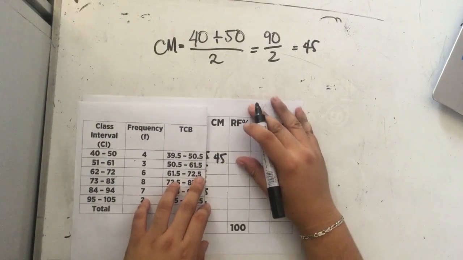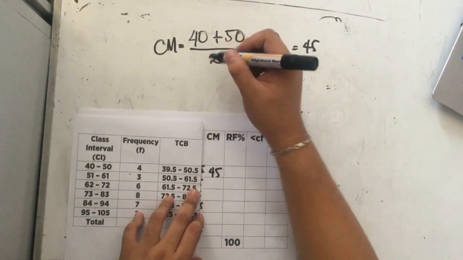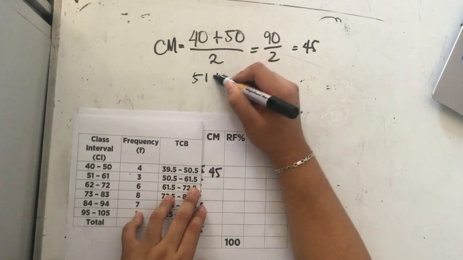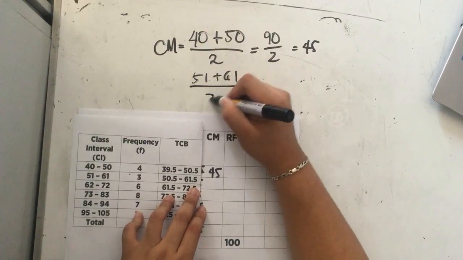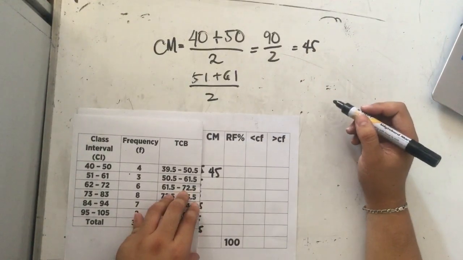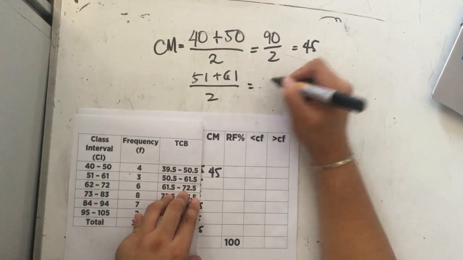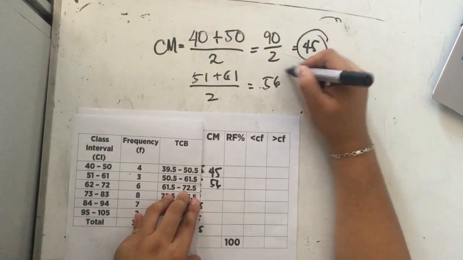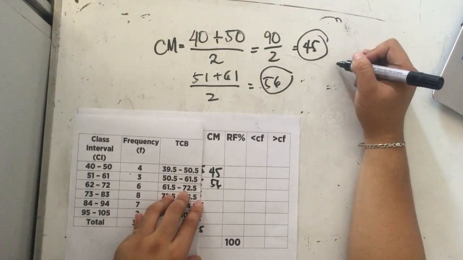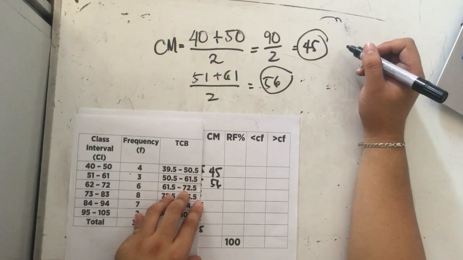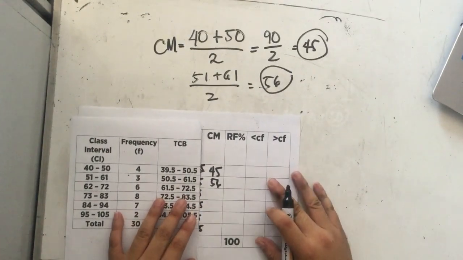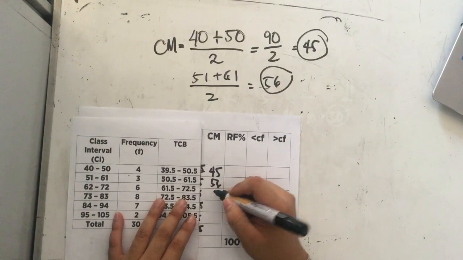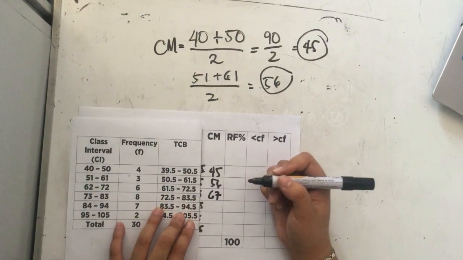Tapos after getting that, yung next na class interval natin, 51 plus 61 divided by 2, it will be equal to 56. Kung makikita natin, they are all integer kasi nga yung class width natin is an odd number. So, we'll continue the process. 56, tapos 67.